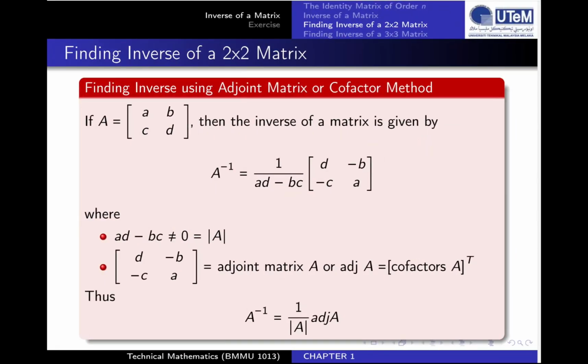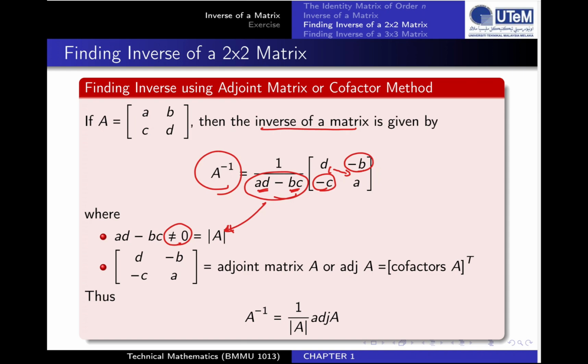If matrix A equals A, B, C, D, then we can find the inverse of the matrix, which is A inverse equal to 1 divided by AD minus BC, times the matrix where we change the position between A and D, and B and C we put a negative sign. The value AD minus BC is also the determinant, and the determinant cannot be equal to 0.